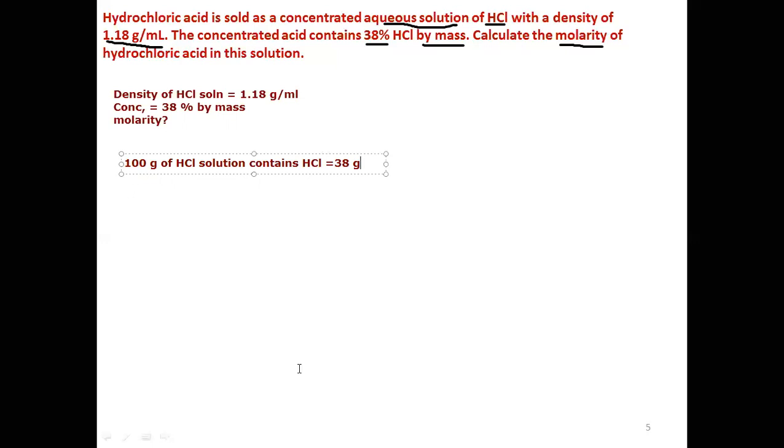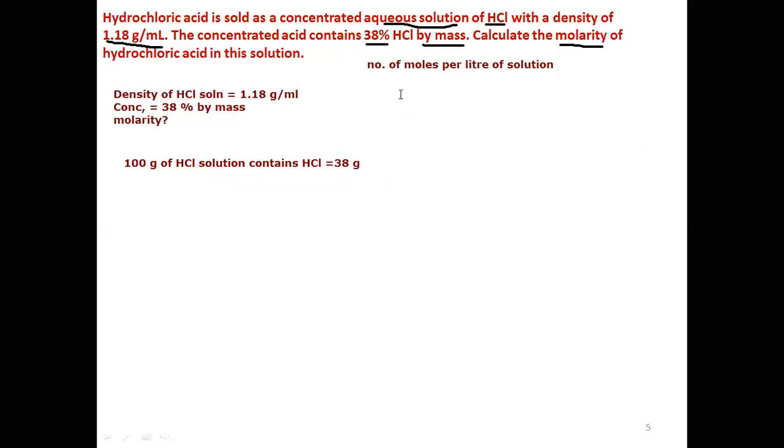And now I will again write the definition of molarity. What is molarity? Number of moles per liter of solution. Now, in order to calculate molarity, we need two things. One thing is number of moles. Second, we have to calculate the volume of solution. Now, we can simply calculate the number of moles from this, because we are given that 38 gram of HCl is present.